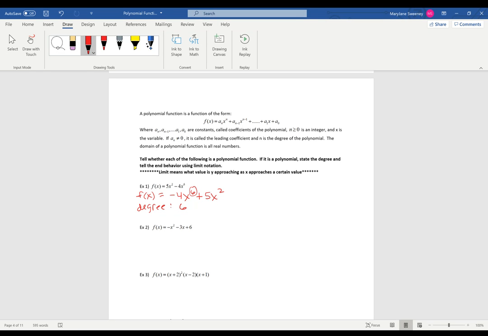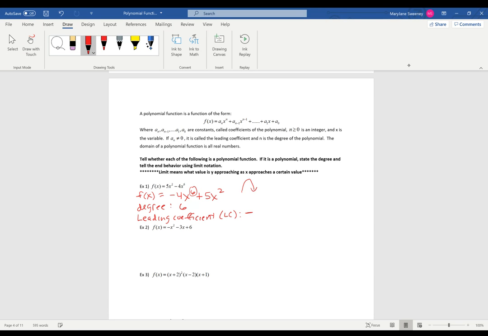That's that right there. And the leading coefficient, which from now on I'll just abbreviate LC, is negative. It's actually -4. I don't care about the 4. What I care about is that it's negative. So those two things: it's an even degree, negative leading coefficient.